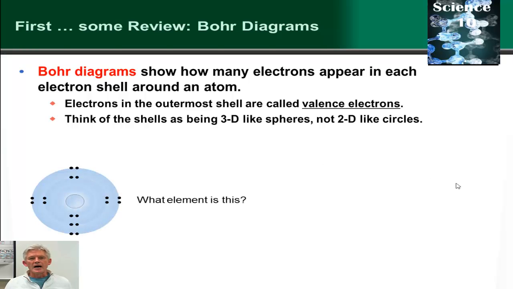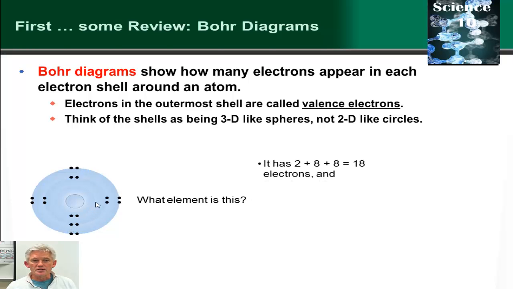So, I will give you an example. If we draw a Bohr diagram for this element, you should be able to tell me what element that is just by looking at it. Why don't you grab your periodic table for a second, see if you can determine which element it is.